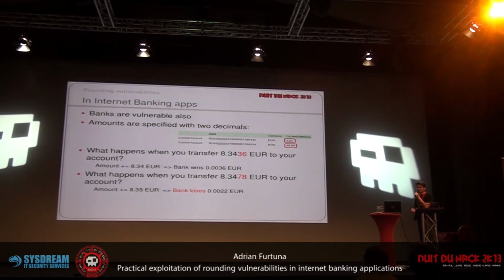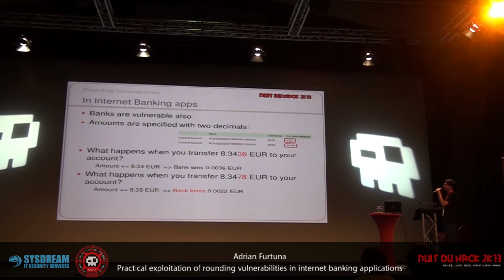But what happens if we try to transfer another amount, 8.3478? I'm transferring this to my account and I end up with more, with 8.35. So the internet banking application rounded this amount to the upper value.